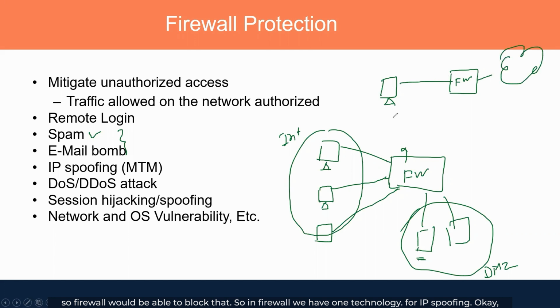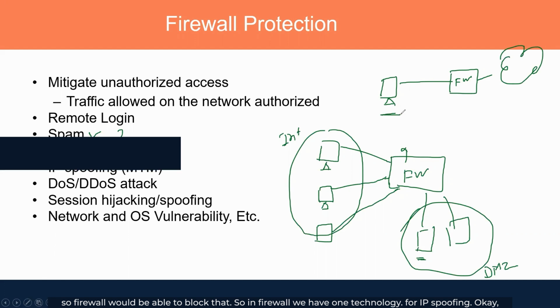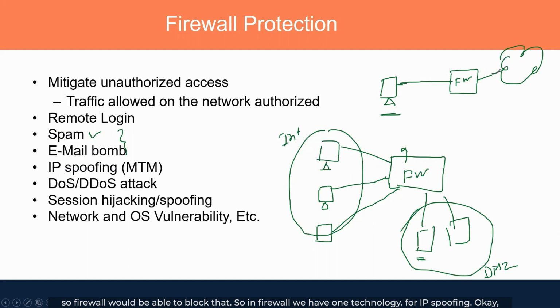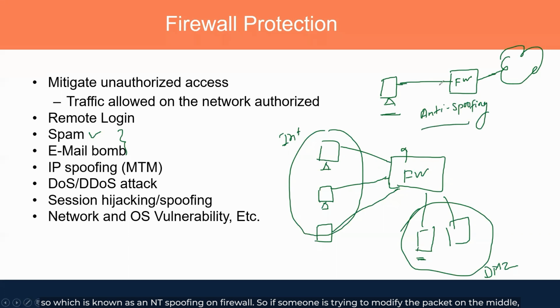So in the firewall we have one technology for IP spoofing, which is known as anti-spoofing on the firewall. So if an attacker is trying to modify the packet in the middle, it won't be able to do that because the firewall would be able to detect the spoofing and then block that.